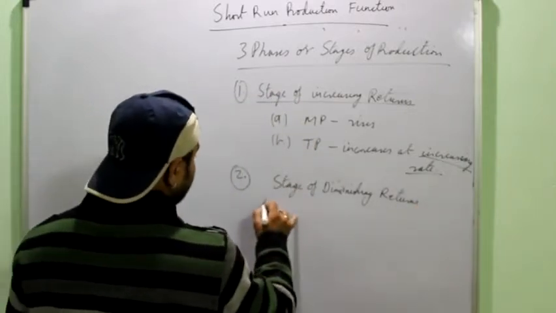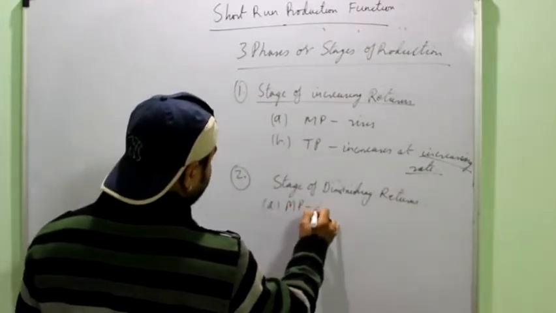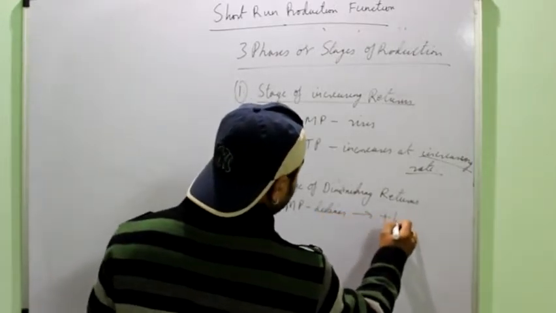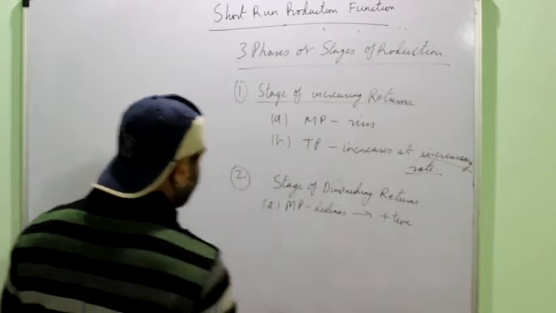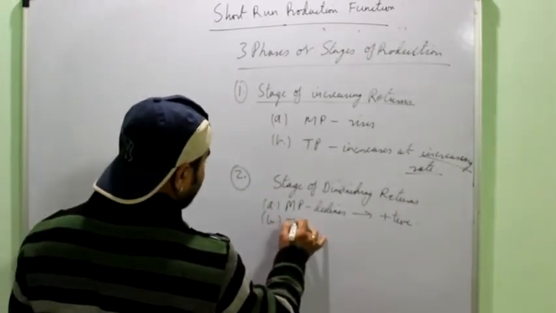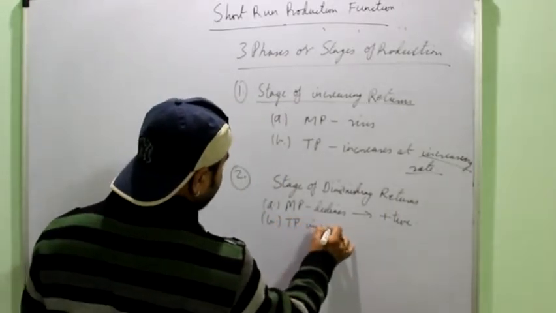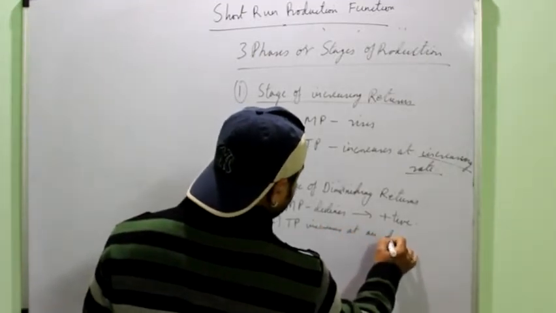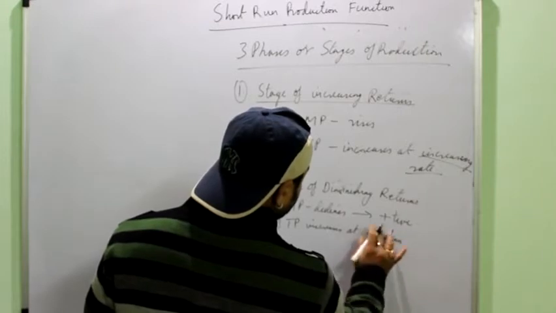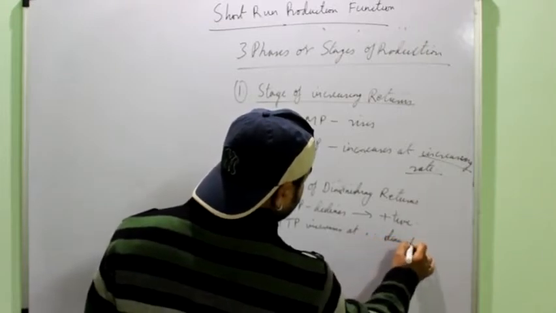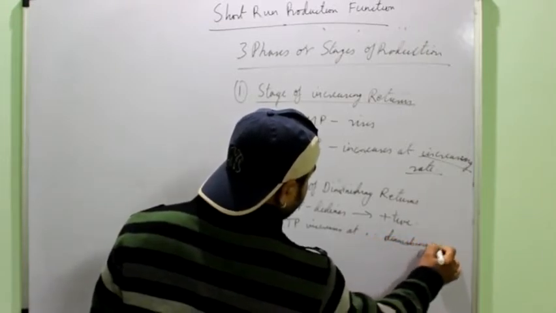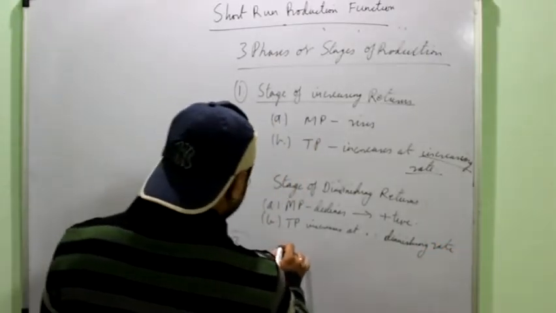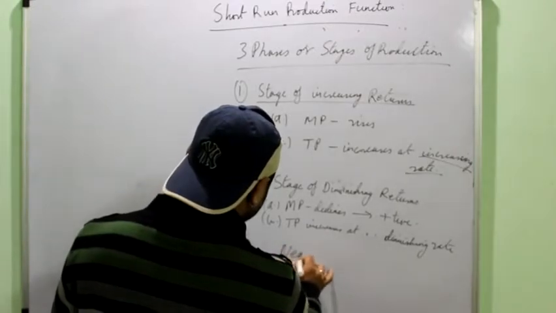In the second stage, MP starts declining, but it remains positive, and TP increases at a diminishing rate. And the third stage is the stage of negative returns.